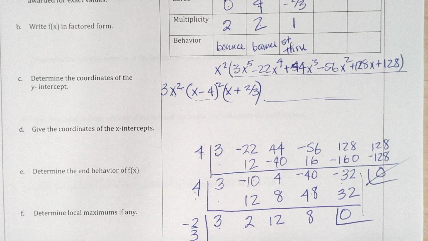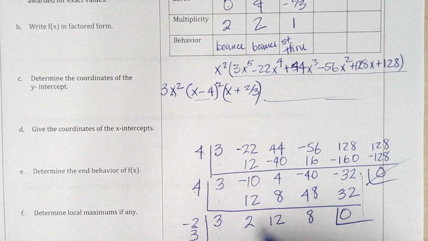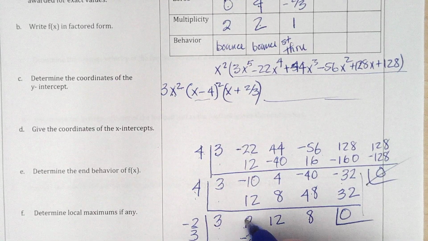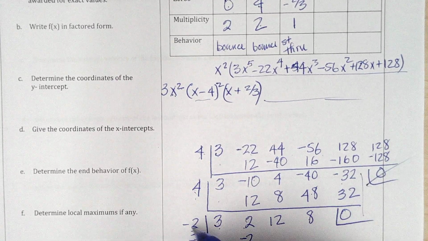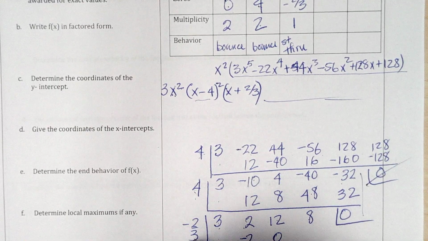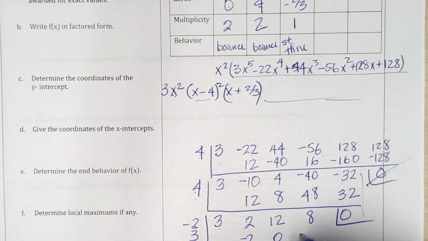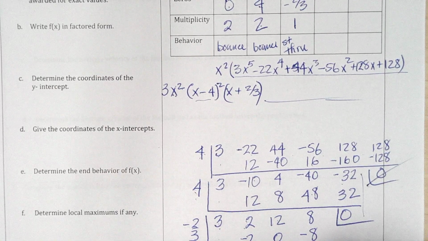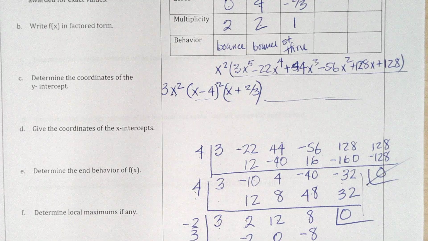So 3 plus nothing is 3, times negative 2/3 is negative 2. Add these, I get 0. Negative 2/3 times 0 is 0. Add, I get 12. Negative 2/3 of 12 is negative 8. Add, I get 0. Went in evenly.